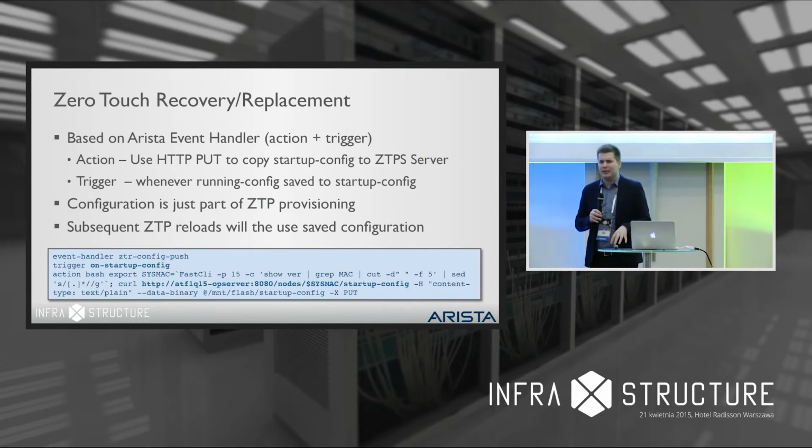And another interesting application of this is something we call zero-touch replacement, which is exactly the same process, but just when a device fails. Firstly, we can use the ZTP server to have regular backups of your network device config. And once you have that, it's very easy when a device needs to be replaced.